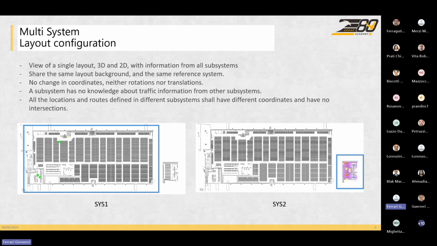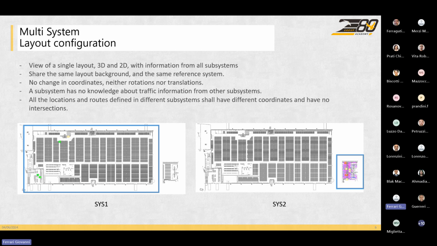In case we configure a segment on system 1 and a segment on system 2 that share the same physical space, so they overlap in the real world, then the two LGV managers, the two SMARTs, could allocate that same segment at the same time to different LGVs, and this could then lead to collisions in the real world.